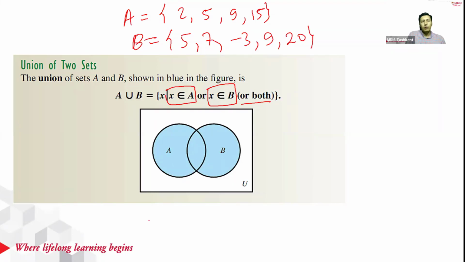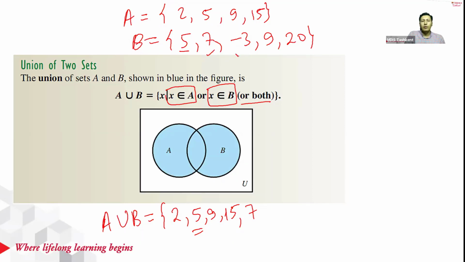So A union B. So we have to unite them. The order doesn't matter. You don't have to write in ascending or descending order. So let's copy A first. Then we write B. So I should write 5, but I have already. Don't write it twice. 7, we don't have 7, so I write 7.